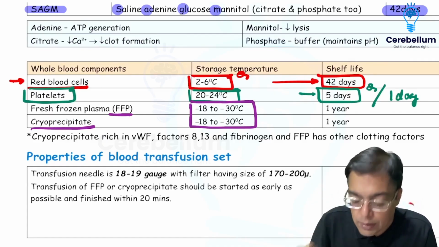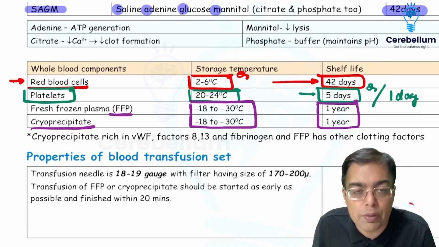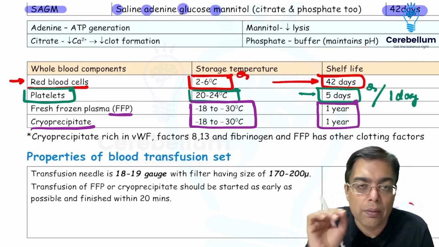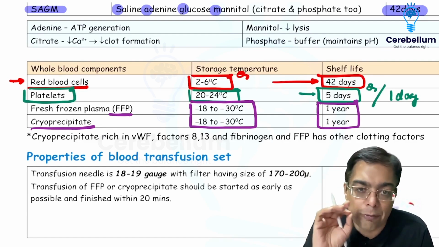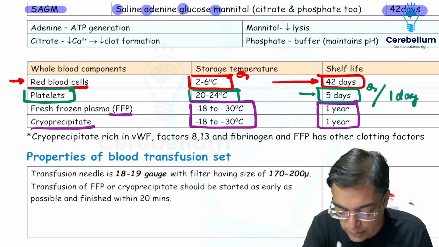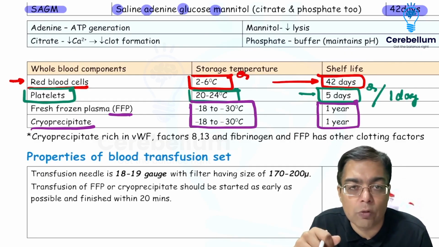Since they are frozen, they are going to be having a long shelf life, and that long shelf life happens to be 1 year. So whole blood and packed RBC 42 days, platelets with agitation 5 days, platelets without agitation 1 day, and fresh frozen plasma and cryoprecipitate is going to be having a shelf life of 1 year.